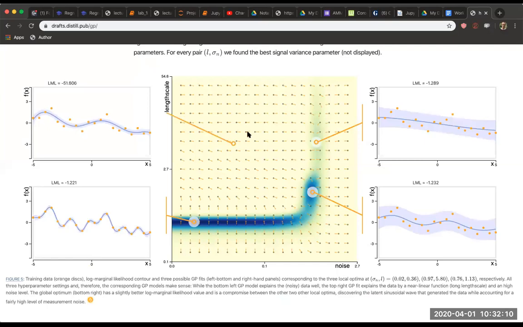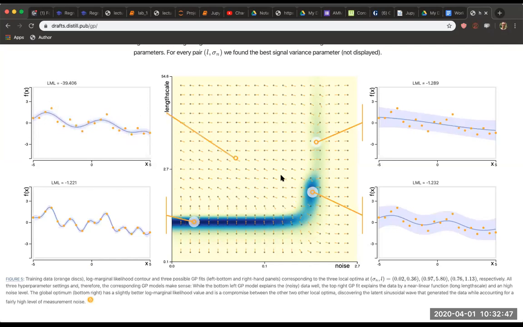You can click within this range, and you can see the corresponding fit here on the left-hand side. You can really play around with what the corresponding fits would look like if you were to be, let's say, totally extreme. For example, you choose a very short length scale and a very low noise. Then this would be pretty bad. Or a long length scale with high noise. All of this you can play around with.